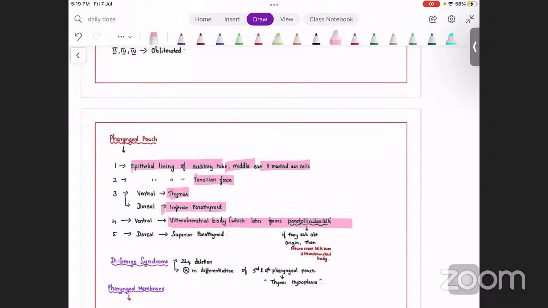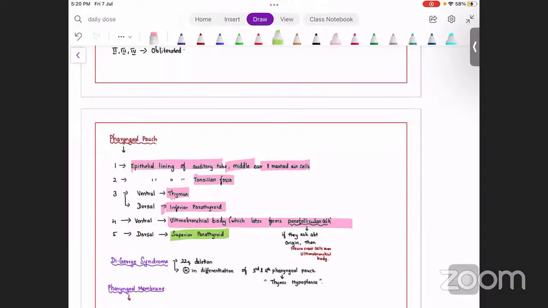If they ask you the origin of the parafollicular cells, you have to say neural crest cells over the ultimobranchial body. Very, very important one. If they ask you the origin of your parafollicular cells, there will be 2 options given to you. It may be neural crest cells or it may be the ultimobranchial body. If they give you both, choose the neural crest cells over the ultimobranchial body. And the fifth one, dorsal, contains the superior parathyroid.